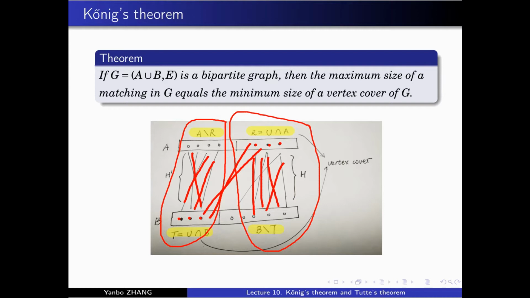We can find a matching covering R in H, and we can find a matching covering T in H prime. The two graphs, H and H prime, are disjoint, so the two matchings together form a matching of G, which has the same size of U. This is our proof idea.